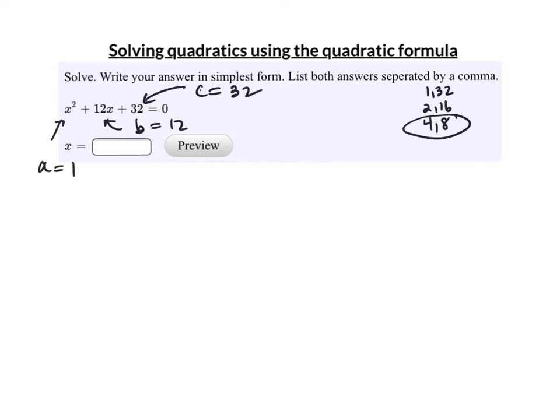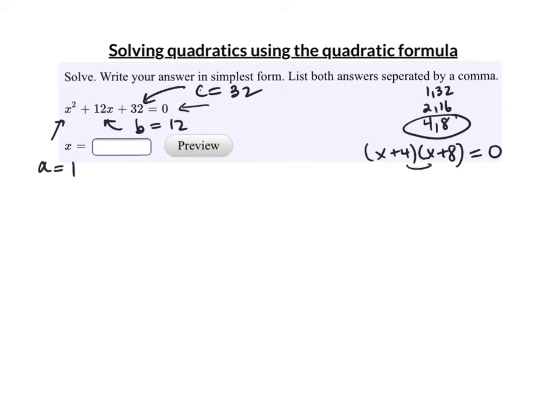So by factoring, let's just notice the factors of 32 that add to 12 are 4 and 8. So this ends up being x plus 4 times x plus 8 equals 0. It's exactly the same as this equation.